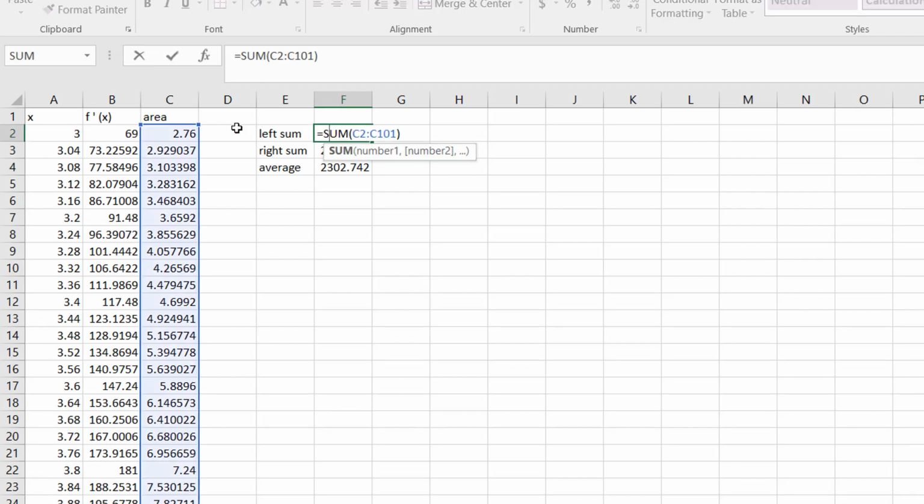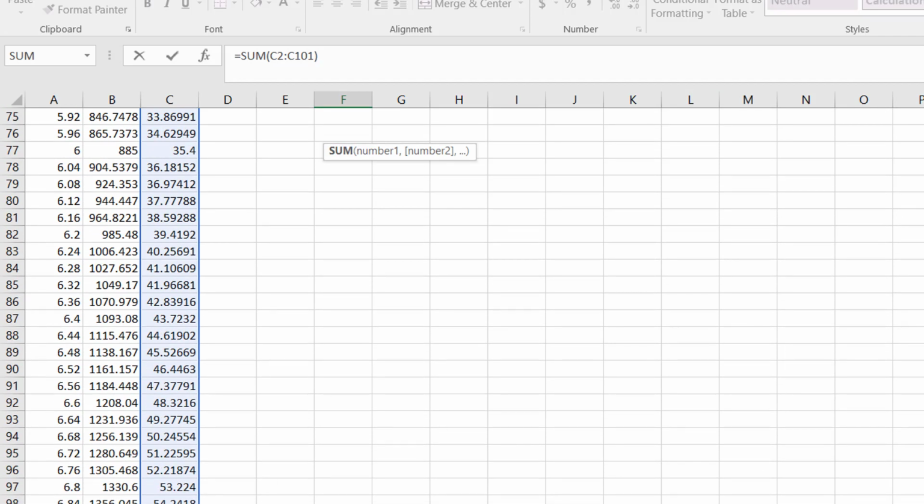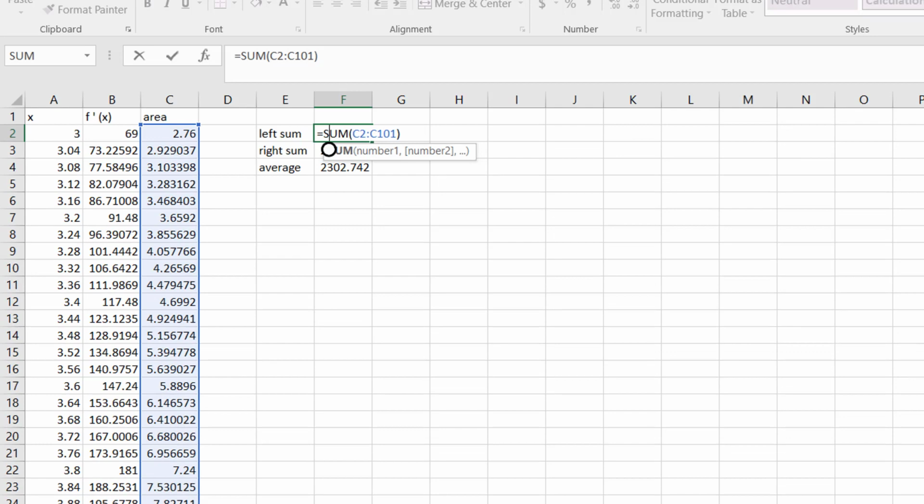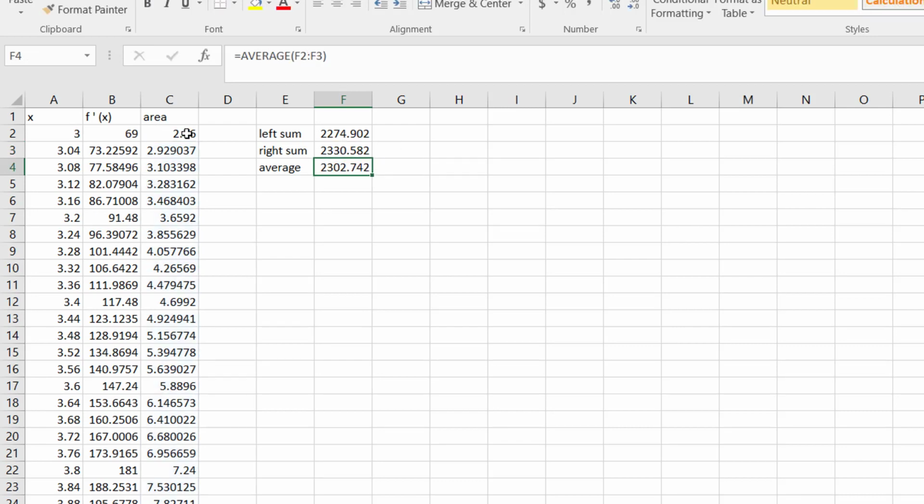Remember, when you're doing a left sum, you're finding the areas of all the rectangles except the very last rectangle. And when you do the right sums, you do all the areas of all the rectangles except the very first rectangle on the left side. And you can use the average function in Excel to calculate the average of those two sums.